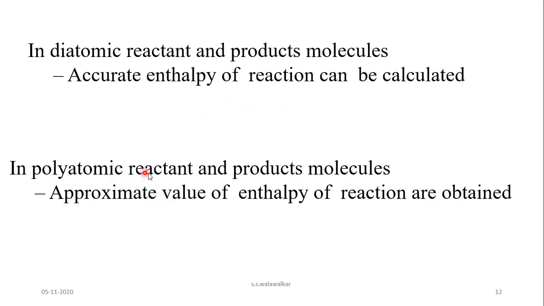But in case of polyatomic reactants and products, then an approximate value of enthalpy of reaction is obtained. Its value is not as correct as compared to diatomic reactants and products. So remember this point. Thank you.